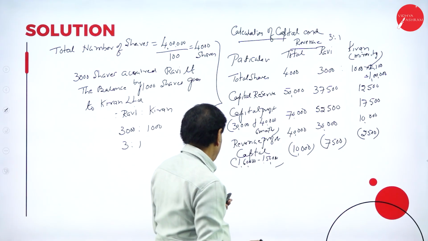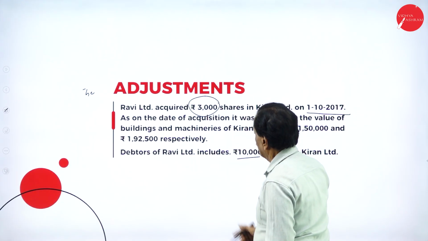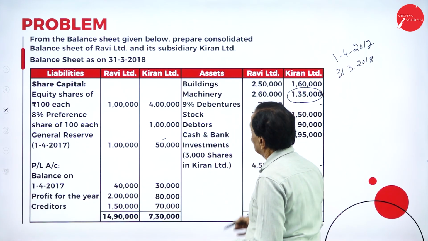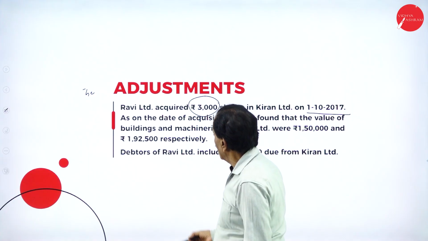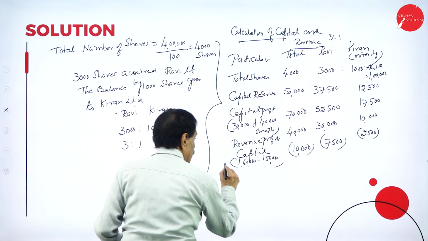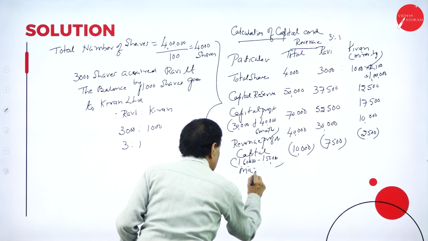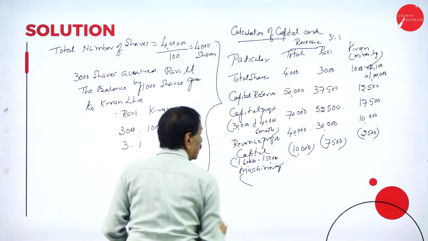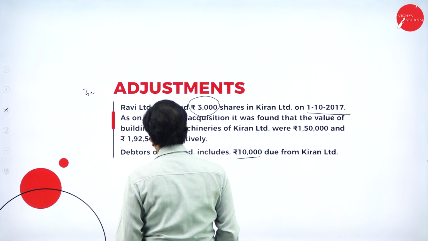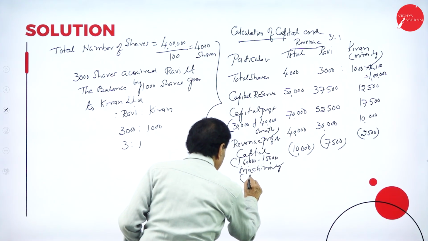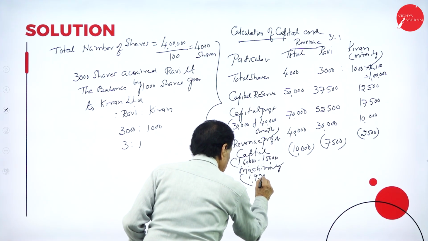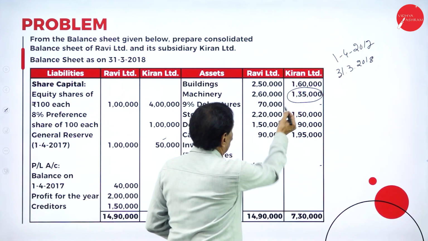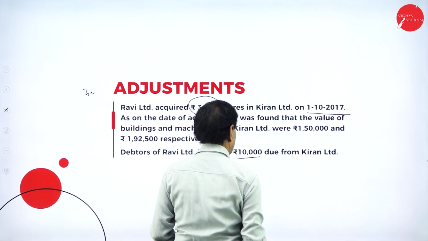Then next one, regarding the machinery. What's the value? 1,35,000. Now valued at how much? 1,92,500. Today's market value is 1,92,500. Original value 1,35,000.